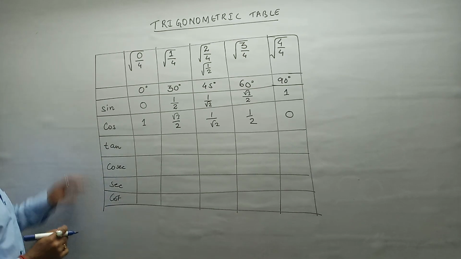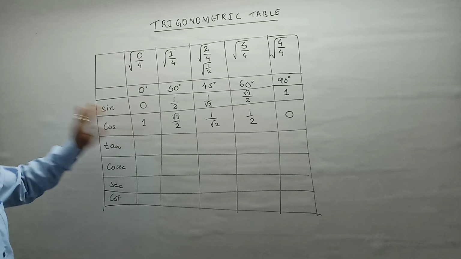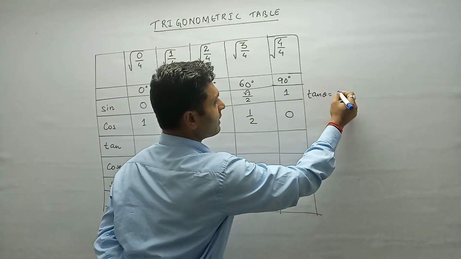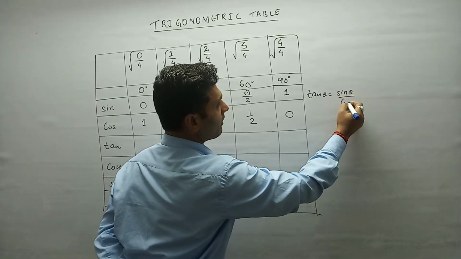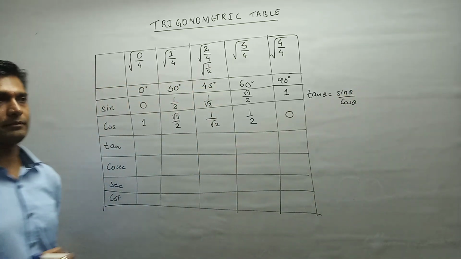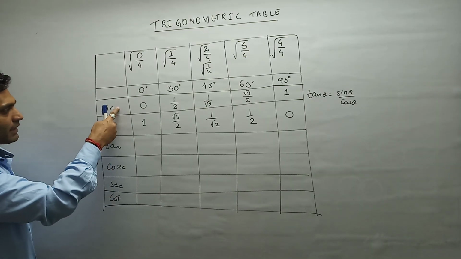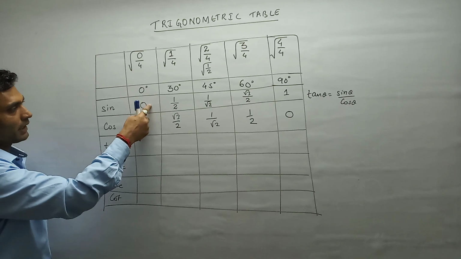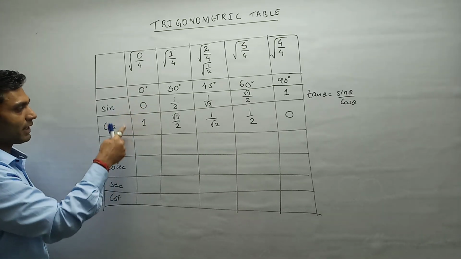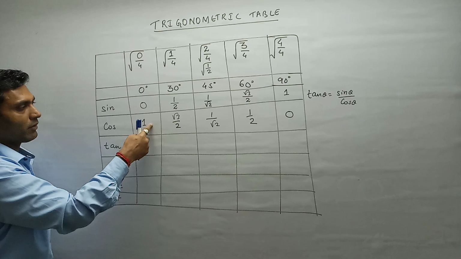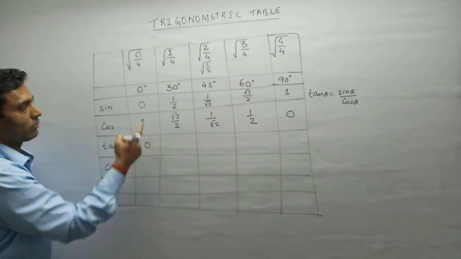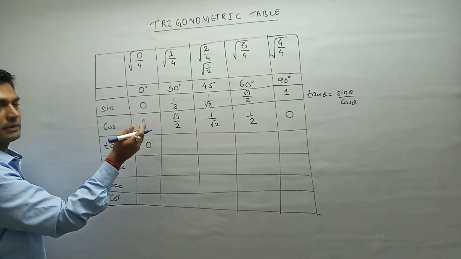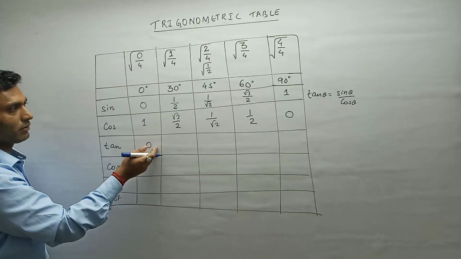So we got sine and cos. Now how do we get tan? We know that tan theta is equal to sine theta divided by cos theta, right? So if I divide sine by cos, I get tan. So 0 divided by 1 is equal to 0.